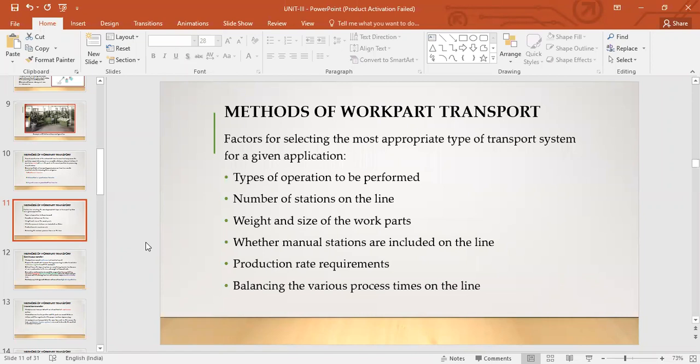You'll come up with the processing times, and see whether the storage system that you are keeping, the buffer storage, what I told you, right, between any two stations, you will have a buffer storage. So is that enough, or do I have to increase the buffer storage capacity? Because machines require maintenance, there are delays, because of any other reason. So if one workstation is down, that should not affect the other workstations.